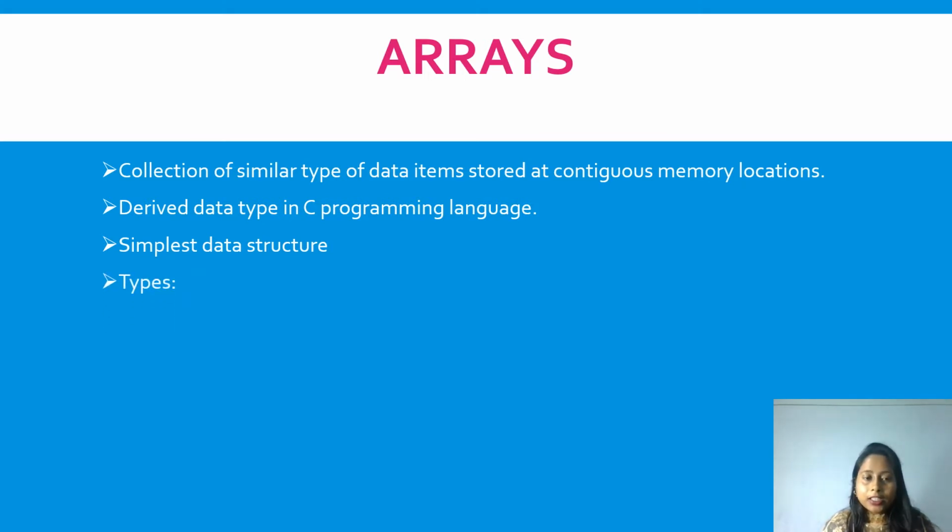Arrays are further divided into two types. First is 1D array, that is the linear array. One example of a linear array is, suppose, int marks[5]. That means I am storing marks of 5 different subjects of a particular student.